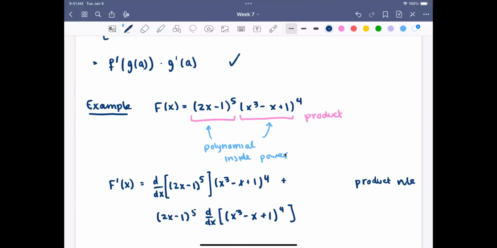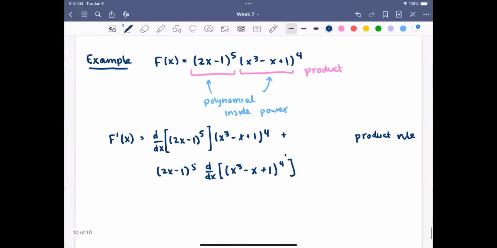So what is this derivative, the pink one? Yeah, 5 minus 1 to the 4 minus 2.